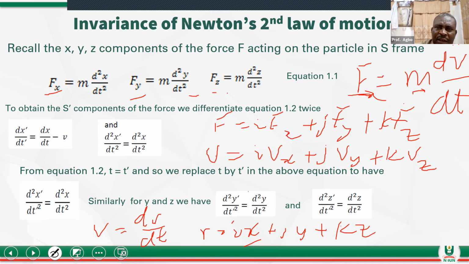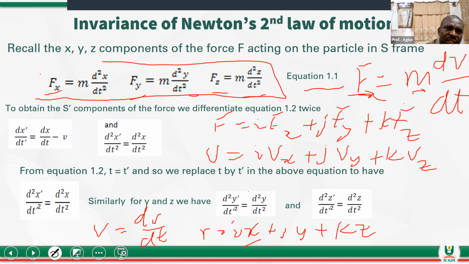And that of Fz is m d squared z over dt squared. This was taken as our equation 1 in last week's lecture. So this is the component of the force in the unprimed frame, which is Newton's second law of motion.